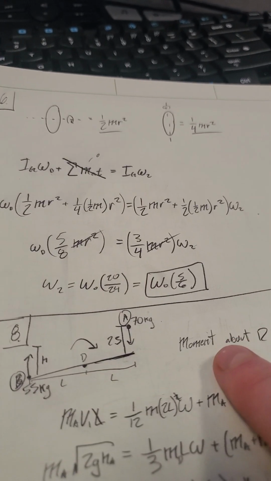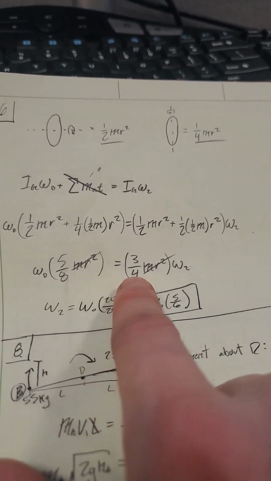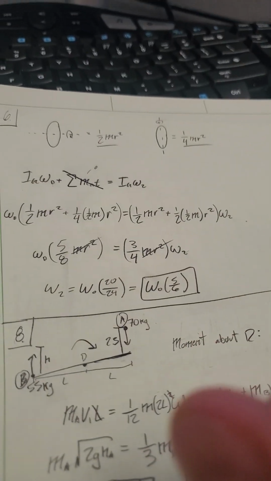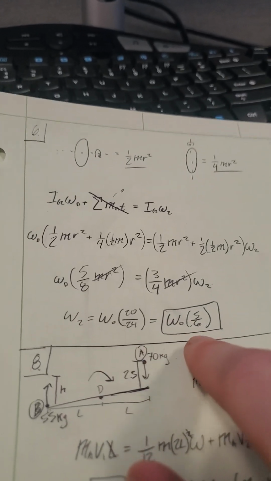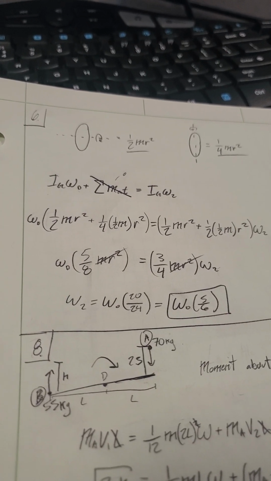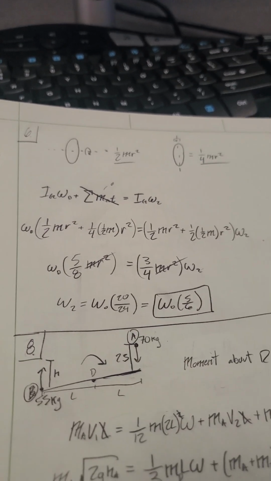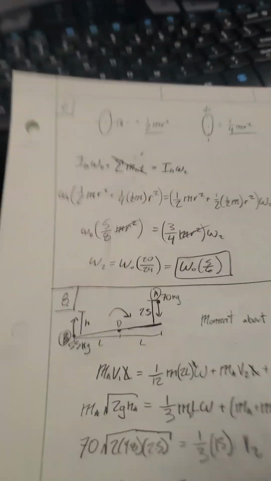And most of this stuff is going to cancel. So really all we're going to have is the two different fractions from the mass moments of inertia. And you can just solve for the ratio that way. So we know that w naught is 5/6 of w2. So it speeds up slightly.